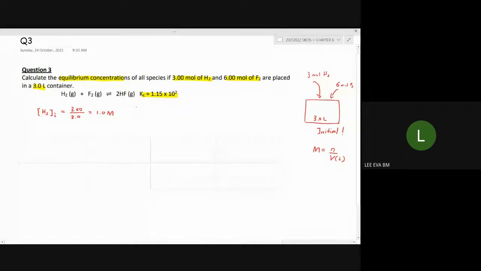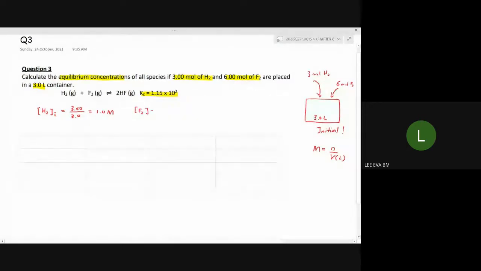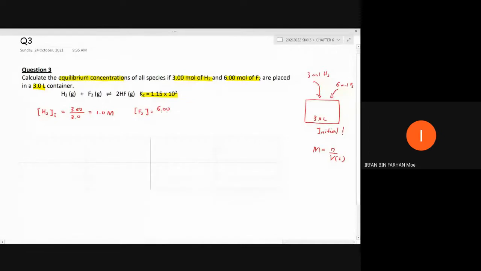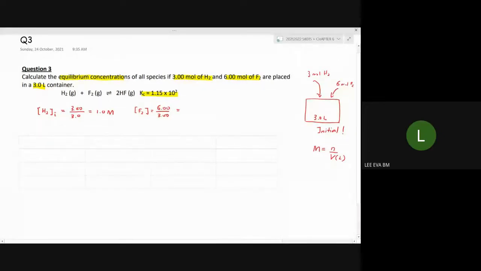How about fluorine? Berapa molar ada? 2 molar. Okay, so because you have 6 mole of fluorine and 3 liter, the volume is the same. So 2.0 molar. Okay, so in your ICE table, you're going to use concentration.